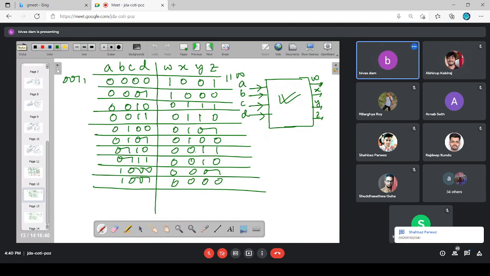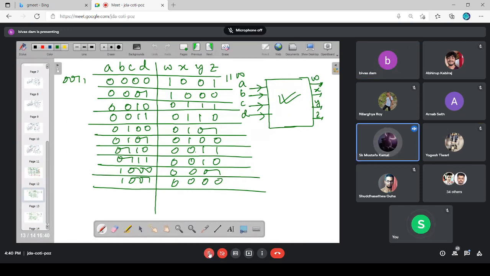আচ্ছা, Mohsin Mansoor, absent. Ashish Patro, absent. Boivar Shaw, present. Yogesh Tiwari, Present, sir. Mustafa Kamal, Present, sir.